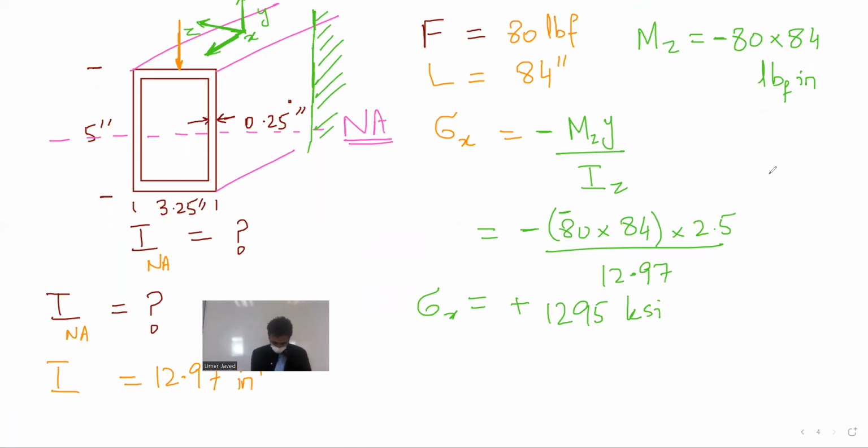It will be PSI, I guess, because we use force per inch squared. Did you get the answer in kilos or? So it's in PSI. Okay, you did not divide it by 1,000.